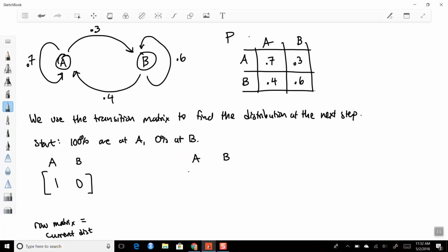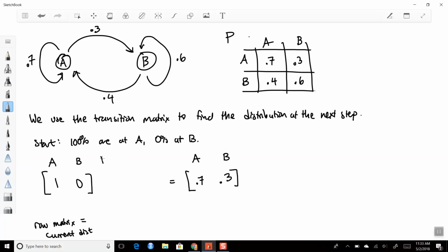We have 100% at A, and 70% will stay at A and 30% will go to B. What do we have? We're going to have 0.7 here and 0.3 here.